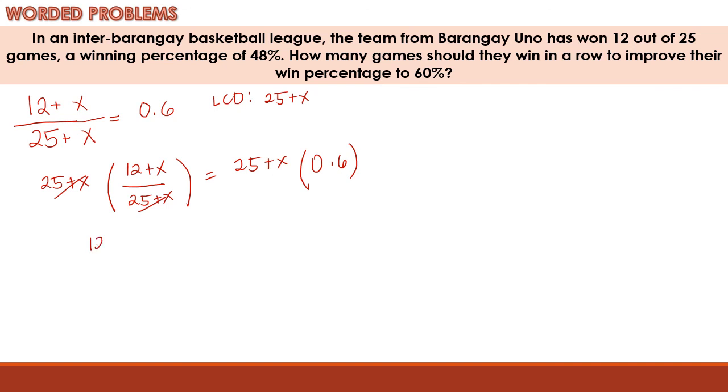Instead, we have 12 plus x equals 25 times 0.6, that is 15. And then x times 0.6, that is 0.6x. By addition property, we can write this as x minus 0.6x equals 15 minus 12. Yan, by addition property of equality.